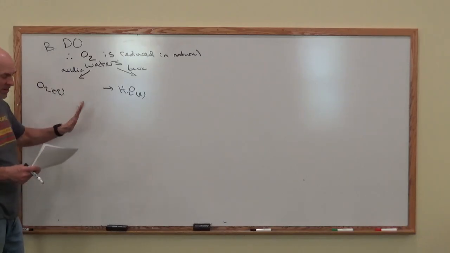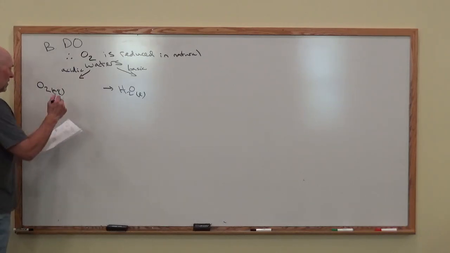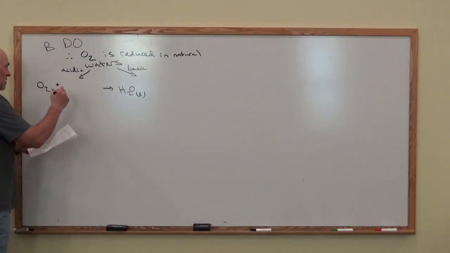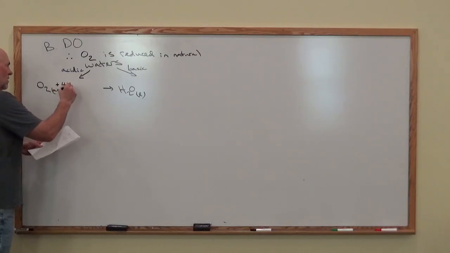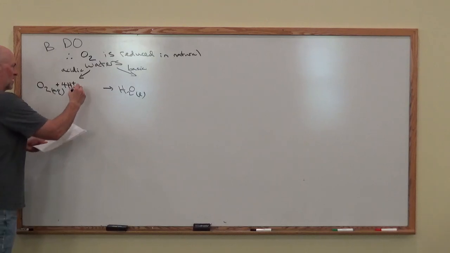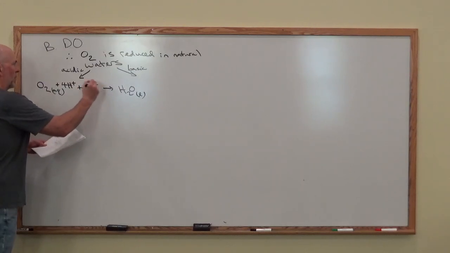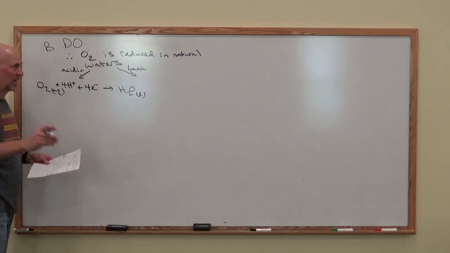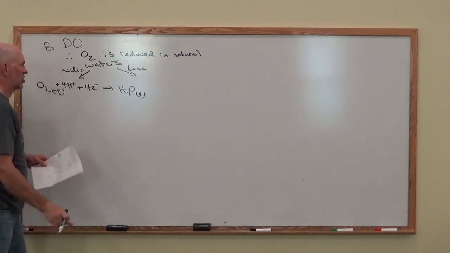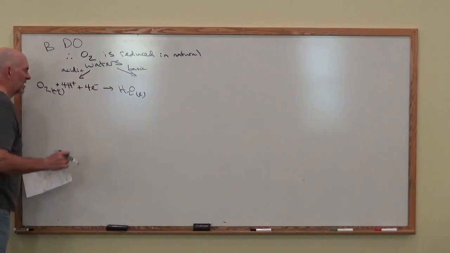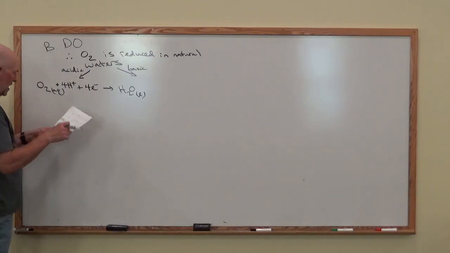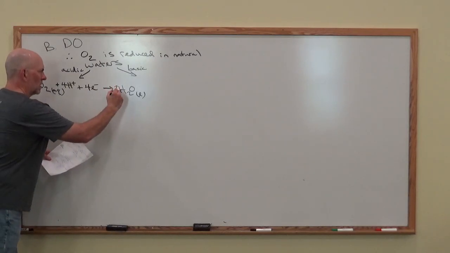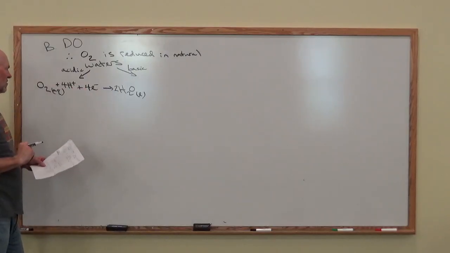You can go ahead and try to balance that equation. It's not that hard, I don't think. And remember, reduction is a gain of electrons. Oil: oxidation is loss of electrons. Reduction is a gain of electrons, left side. That's what the equation would look like in an acidic solution.